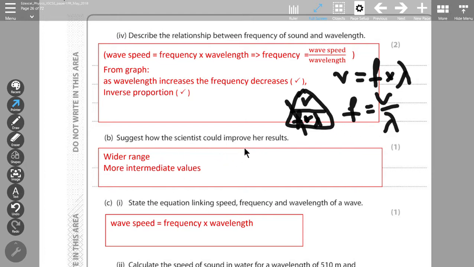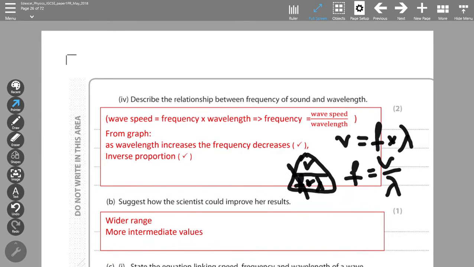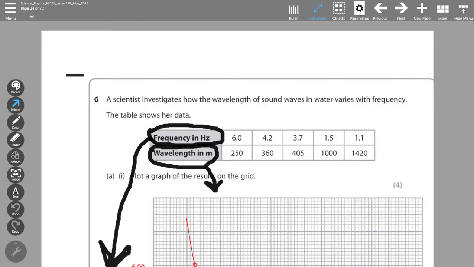Suggest how the scientist could improve her results. So let us look again at the graph. What do we see?